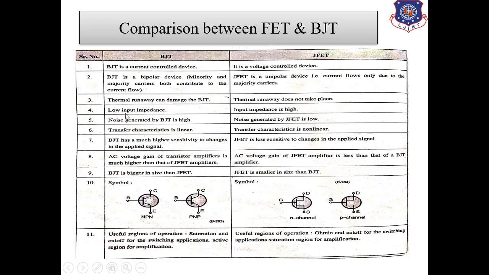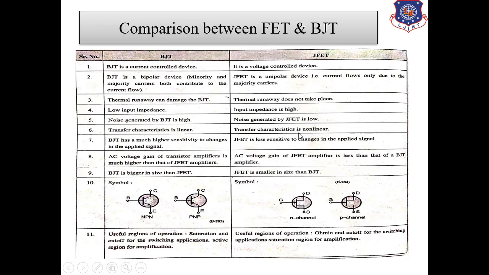Now next difference, BJT has low input impedance, JFET has high input impedance. Similarly, noise generated by BJT is high and noise generated by JFET is low. Obviously, input impedance is high, therefore noise will be low. Both are correlated. Next point, sixth one, in BJT the transfer characteristic is linear and in JFET the transfer characteristic is non-linear.